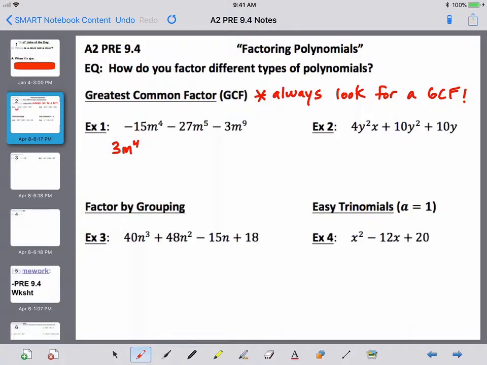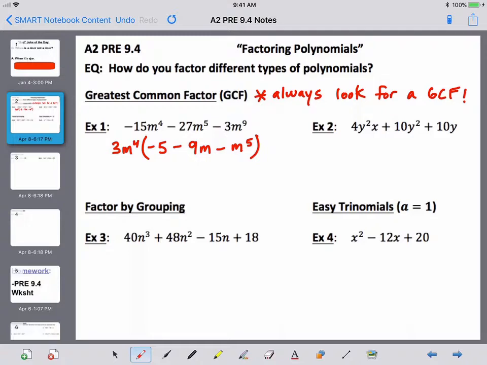So that means I can take that out of each of these three terms and then see what's left over. So I'd have negative 5, minus 9m, minus m to the power of 5. So all I did was subtract the powers by 4 and then divide each of those constant terms by 3.